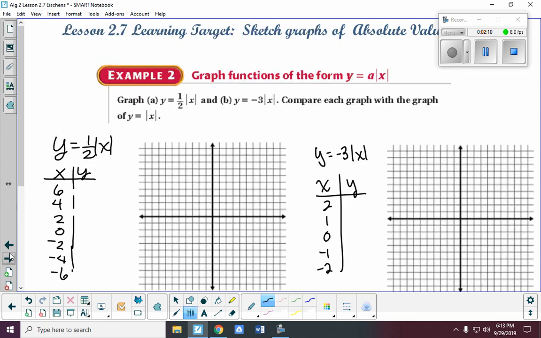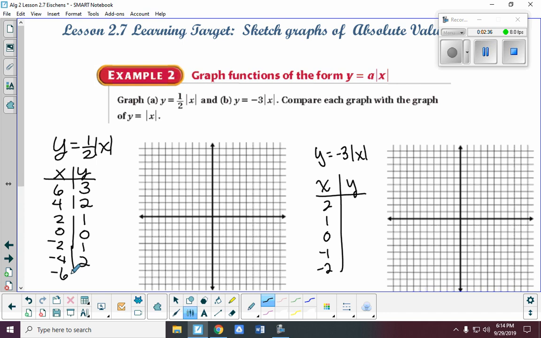So let's look at the graph of the equation y equals 1/2 the absolute value of x. If we plug in a 6, we would get 3. Plug in a 4, we get 2. 2 times 1/2 is 1. 0 times 1/2 is 0. If we take negative 2, the absolute value is positive 2 times 1/2, we get 1. Negative 4, the absolute value is 4 times 1/2 is 2.